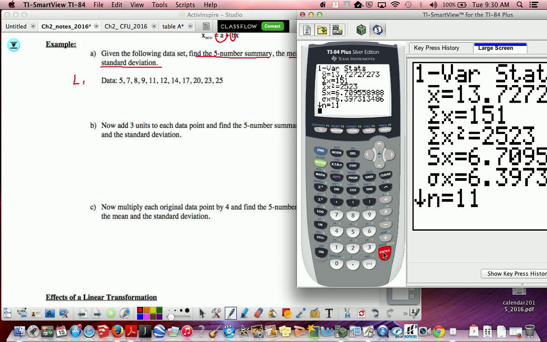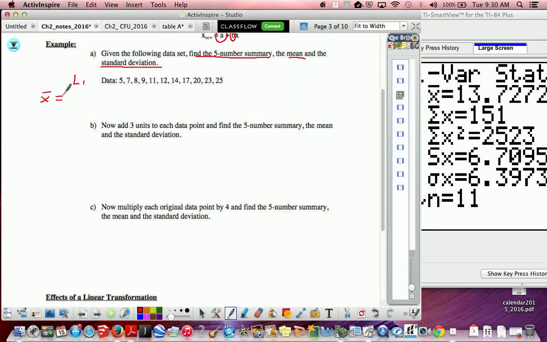It defaults already to list 1 for us. So I'm going to start noting some of these key values. My mean was 13.72 repeating. My standard deviation, S, is about 6.71. Again, I'm rounding a little bit.